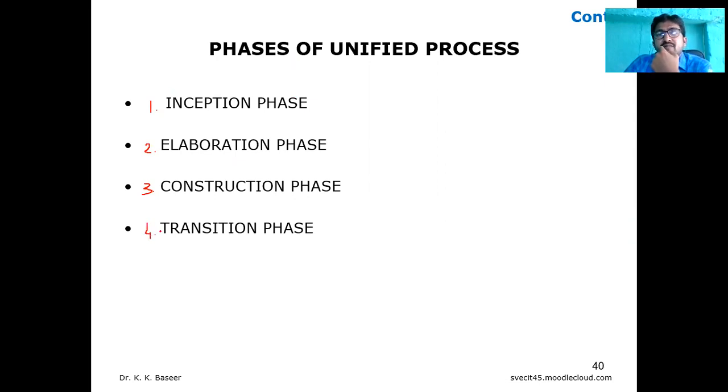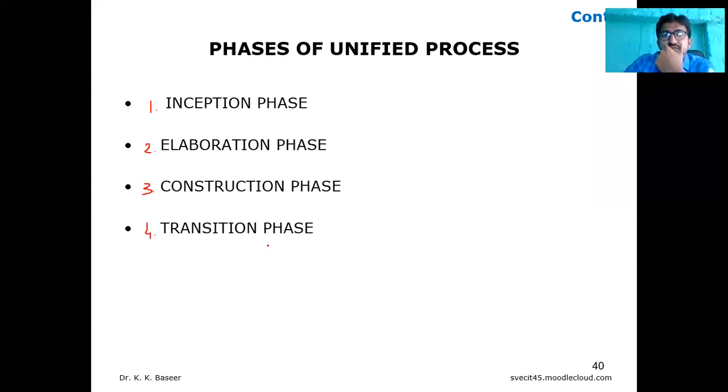Like we have 5 different framework activities, starting from communication, modeling, construction, deployment, and the last one for support. All such phases or activities we divide into 4 parts: inception, elaboration, construction, and transition.